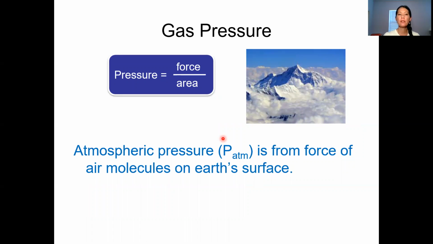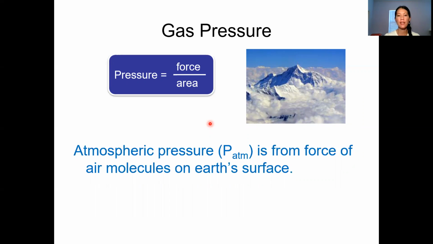The first thing I want to do is talk about what gas pressure really is. Pressure is force over area. So when we talk about atmospheric pressure, what we're really talking about is the pressure of gas molecules above us in the atmosphere pushing down on us.